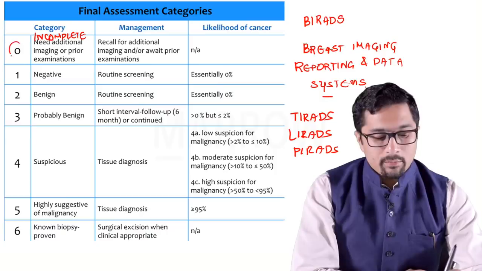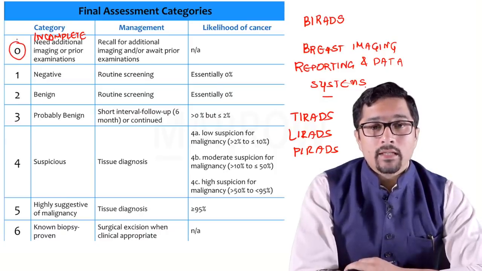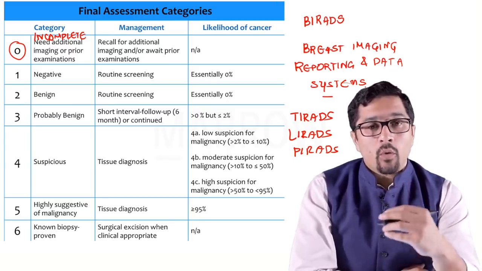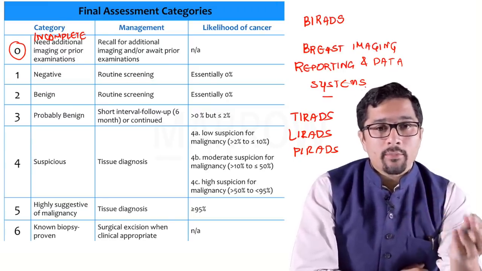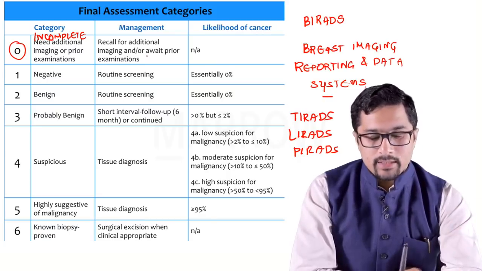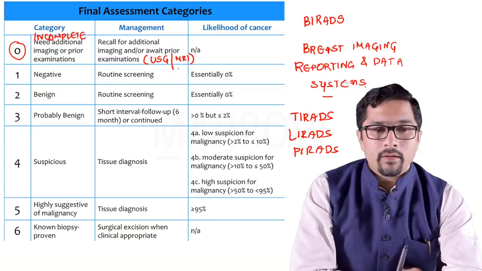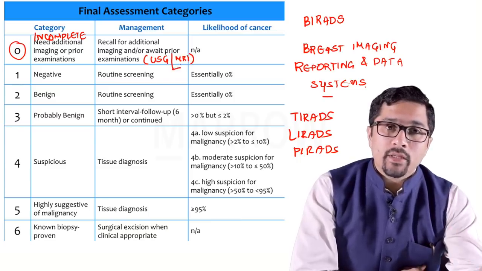And the radiologist is going to say that the surgeon has gone bonkers. There's no lump in the breast. Fine. So the radiologist will write that it is BI-RADS 0 or incomplete. And the intervention is that you require some additional imaging tests. So in this case, it can either be an ultrasound or an MRI. Additional testing would be required.